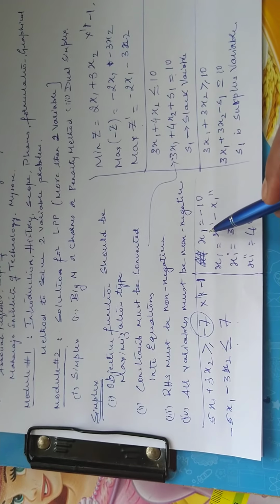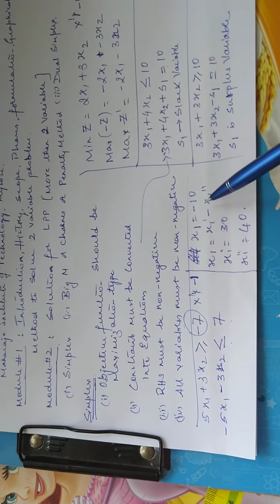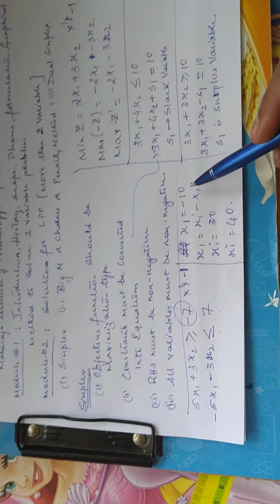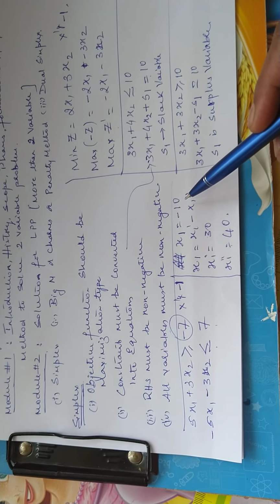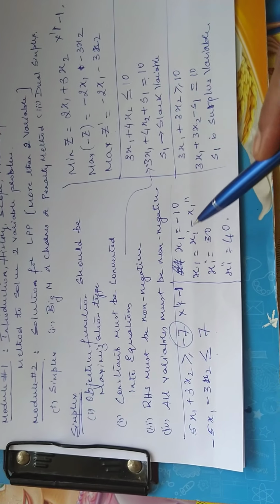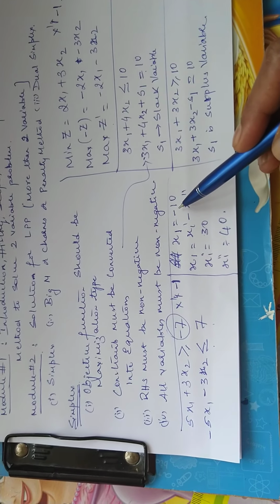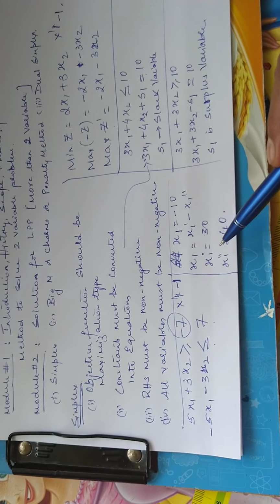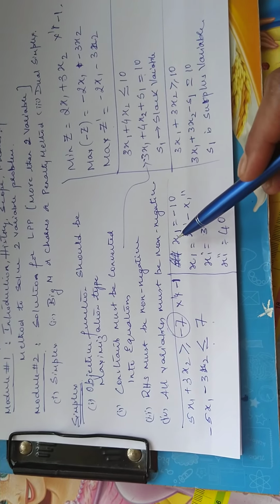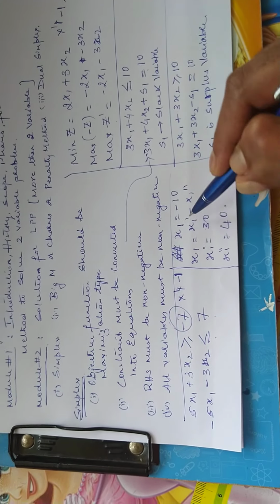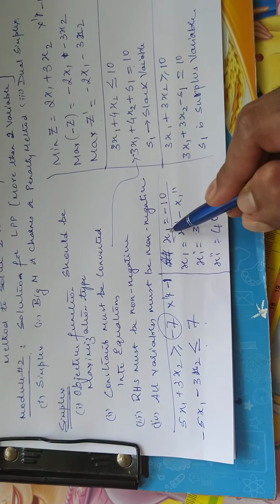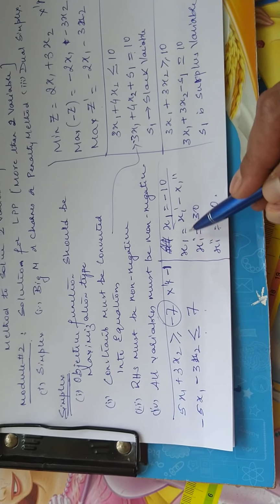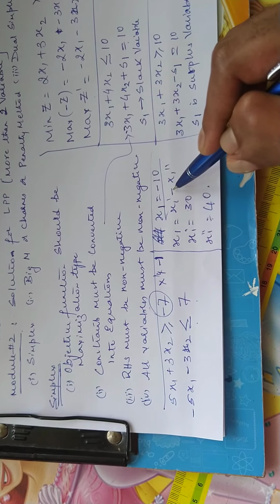If, for example, there is a variable which is defined with a negative value, say here x1 is equal to -10 is the value given in the question. As it is, we cannot use the procedure, so we are supposed to convert this variable, which has a negative sign, into a positive value. We cannot do so by directly using this particular equation. So I'm going to define this variable as a function of two more variables. Here I'm going to define x1 as x1 dash minus x1 double dash.